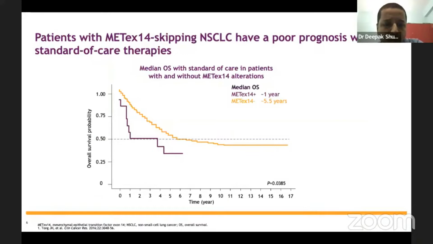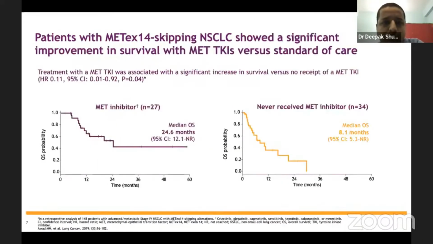This study from 2016 enrolled patients with stage 1 to 4 non-small cell lung cancer. It showed that patients who had the MET exon 14 skipping mutation tend to have a worse survival across the whole spectrum of stages, while the patients without this mutation were doing better.